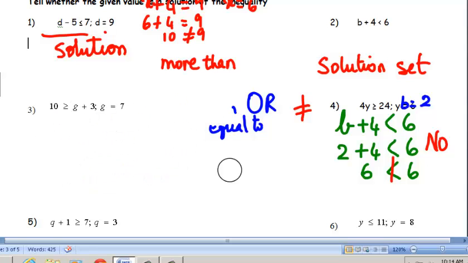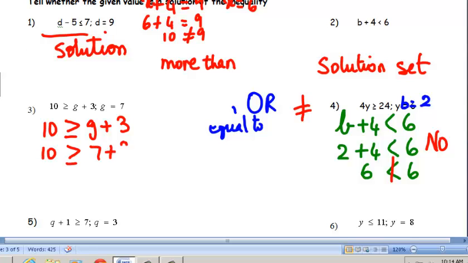Okay. In this case, it says 10 is greater than or equal to g plus 3. G is 7. So 10 is greater than or equal to 7 plus 3. 10 is greater than or equal to 10.